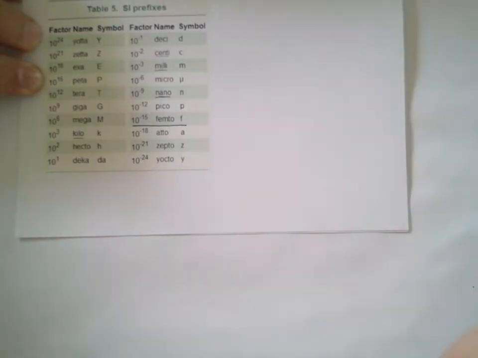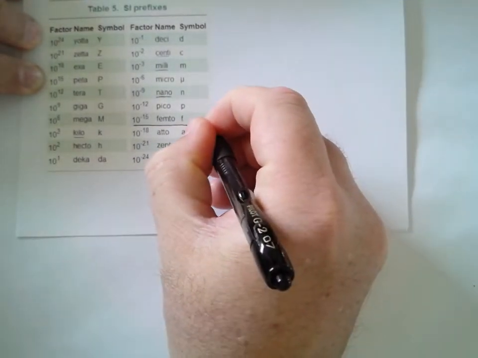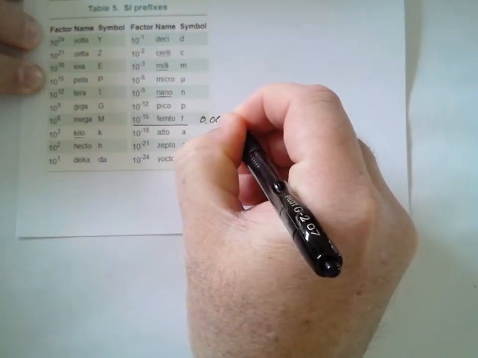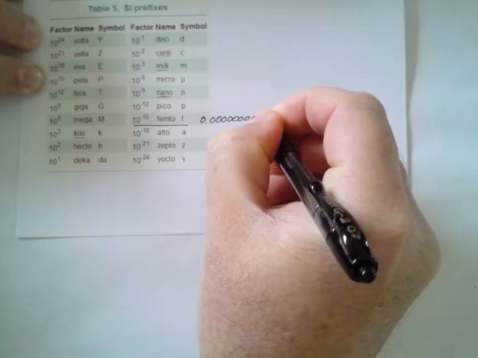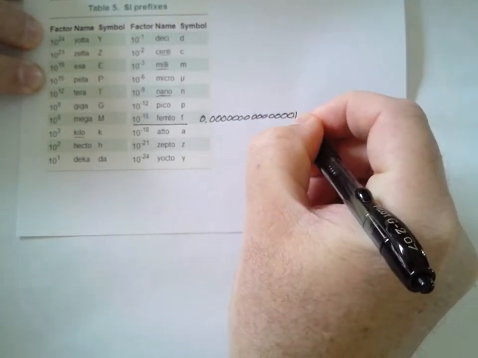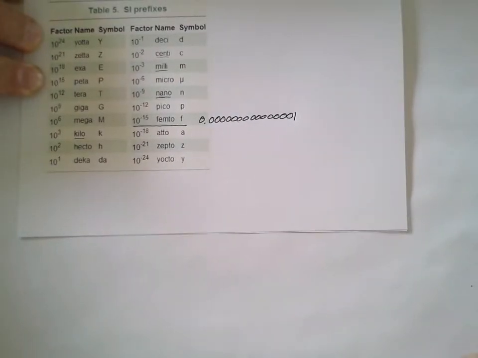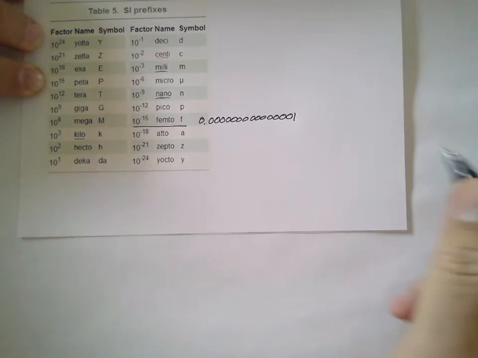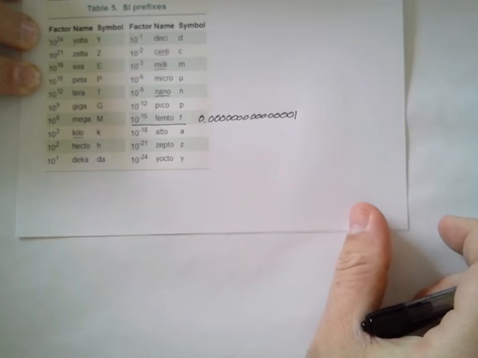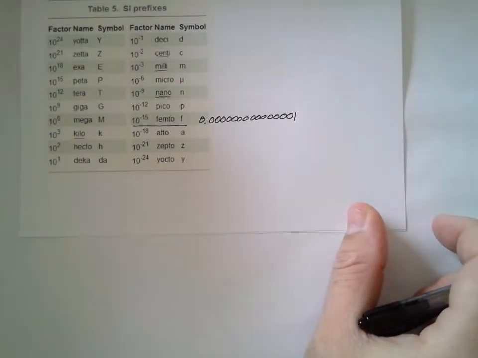So we have our decimal point, and then 1, 2, 3, 4, 5, 6, 7, 8, 9, 10, 11, 12, 13, 14, 15. That is a femto. Super duper small. So when we're going to talk about the strong nuclear force, we need to talk about a femto. It's a super small number.